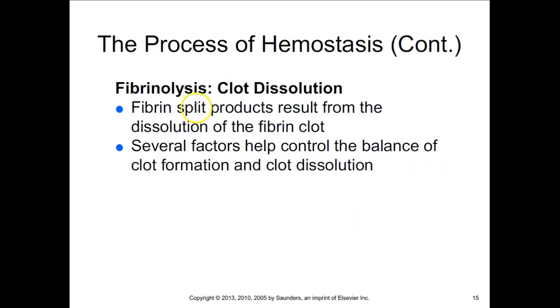All right, so eventually the fibrin split products result from the dissolution of the fibrin clot, and then you're going to keep a balance between clot formation and clot dissolution. Remember, it's all about maintaining the right amount, but not excessive and not under.